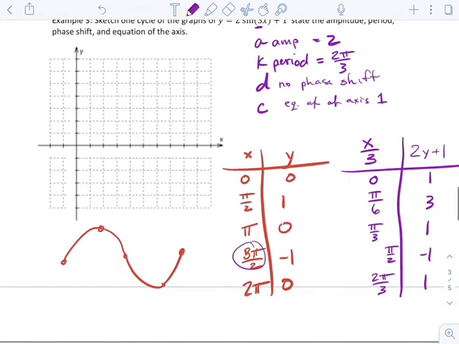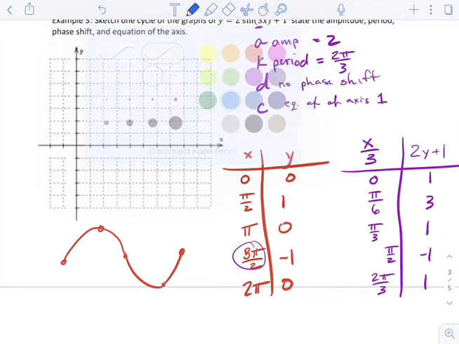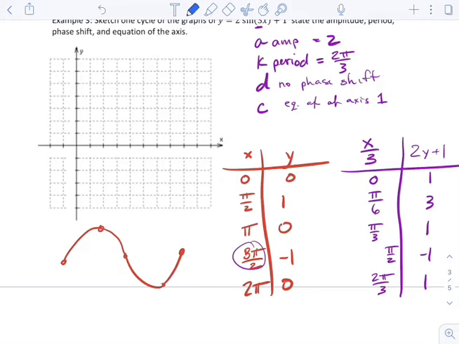So what I'm going to do is look at our graph and see what our smallest denomination is. Now in this case I see pi over 6. So I'm going to use pi over 6 as my step.